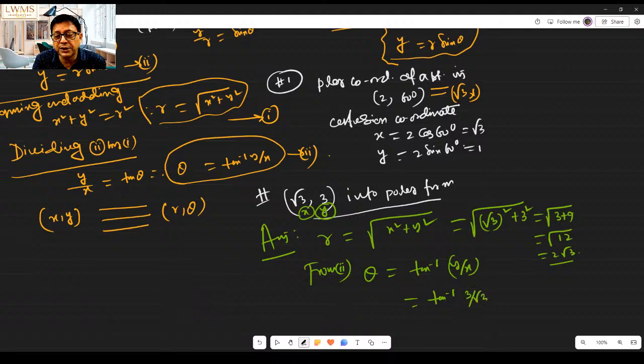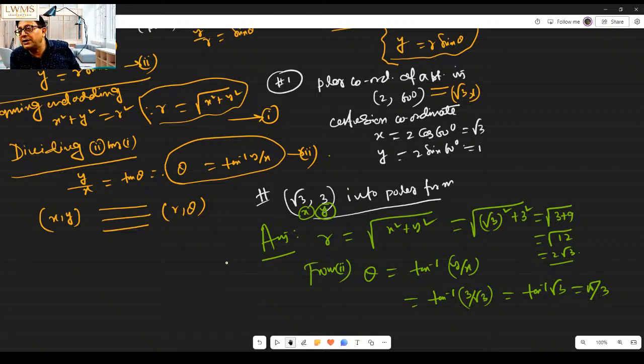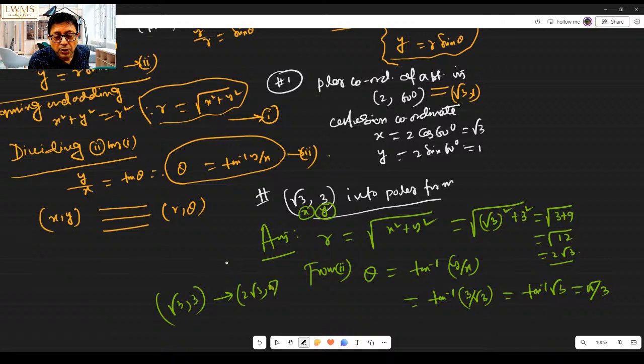So this will be 3 by root 3. What is its value? Tan of which angle is root 3? Tan 60 degree is root 3. So you have converted root 3 comma 3 to 2 root 3 comma pi by 3. Clear? Done?